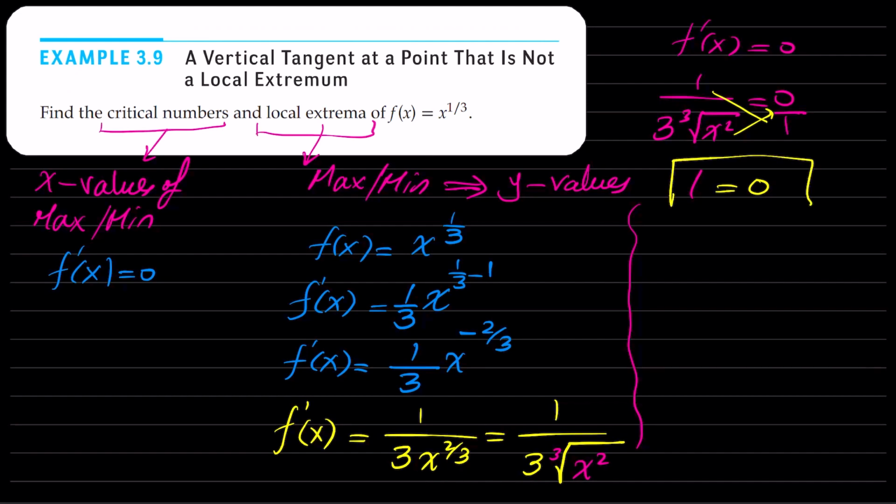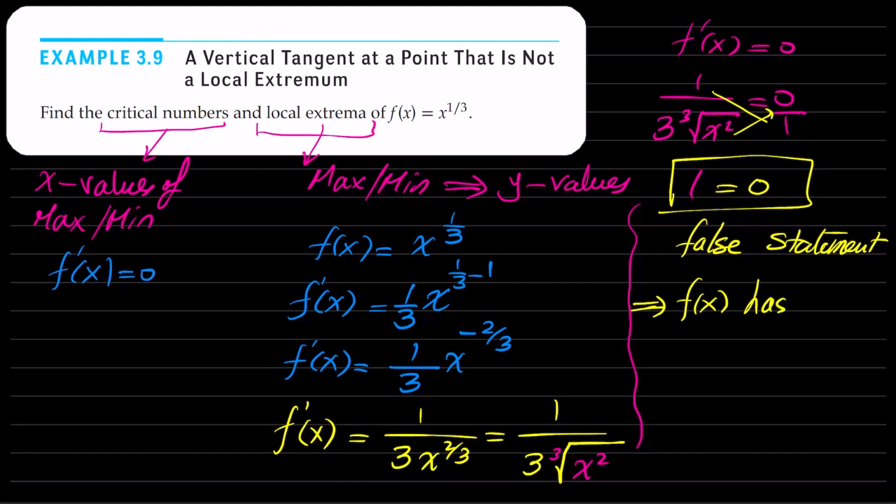So this is a false statement. We can say f of x has no critical numbers. We don't have any critical numbers because we solved the derivative equal to 0 and we got a false statement.